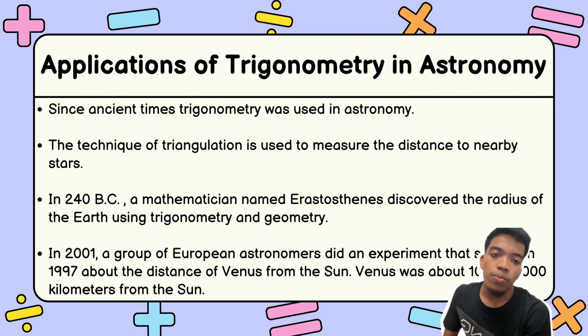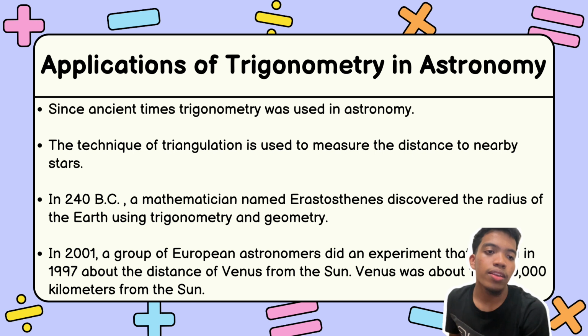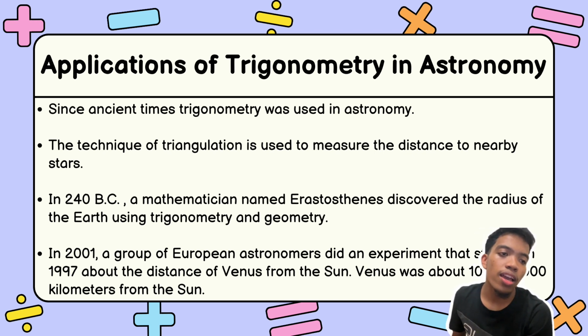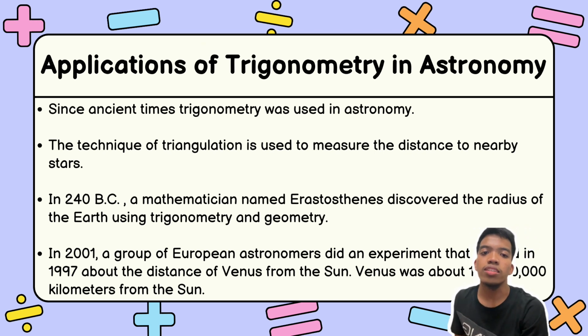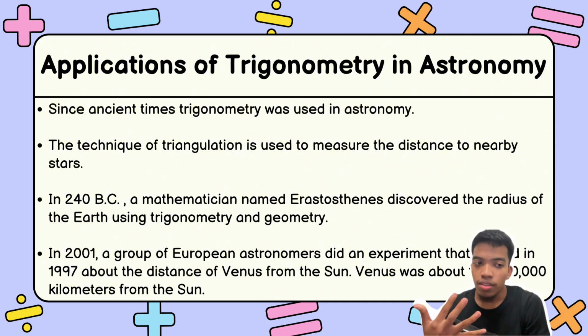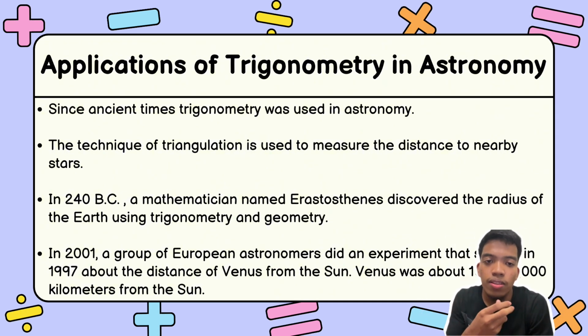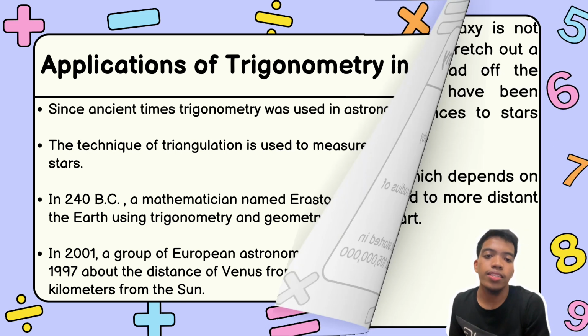In 2001, a group of European astronomers did an experiment that started in 1997 about the distance of Venus from the Sun. Venus was about 105 million kilometers from the Sun.